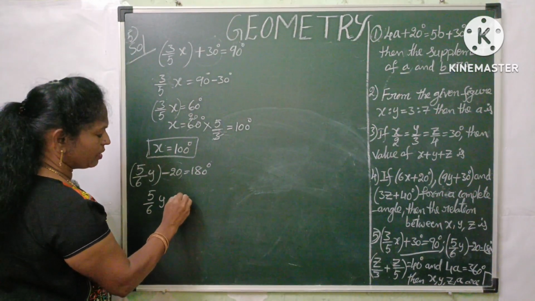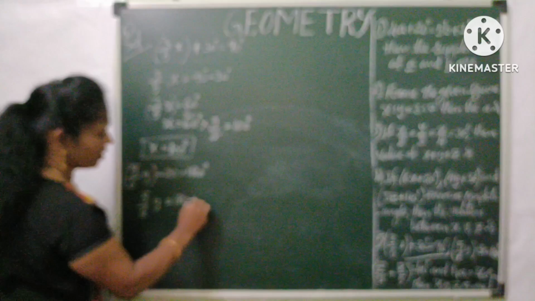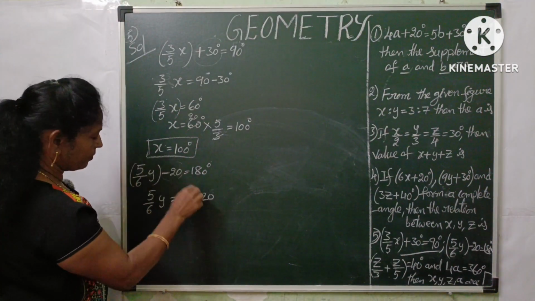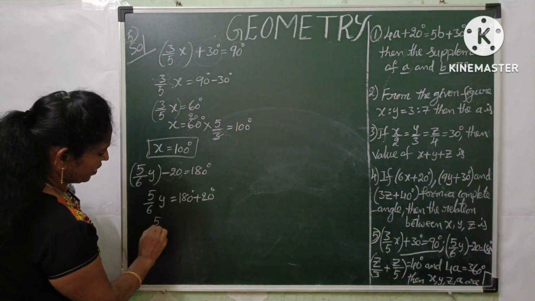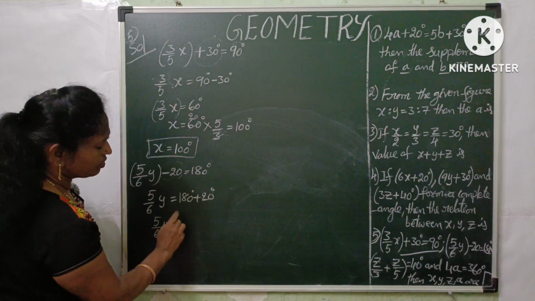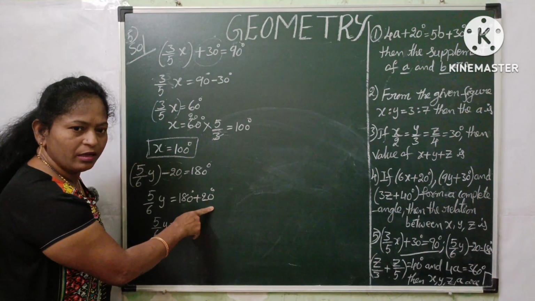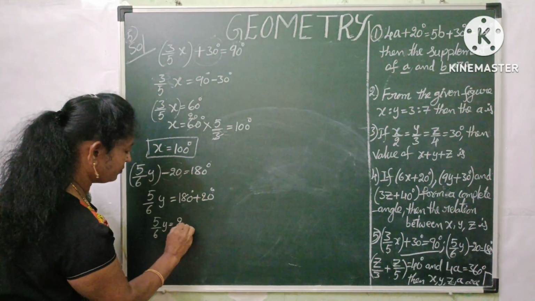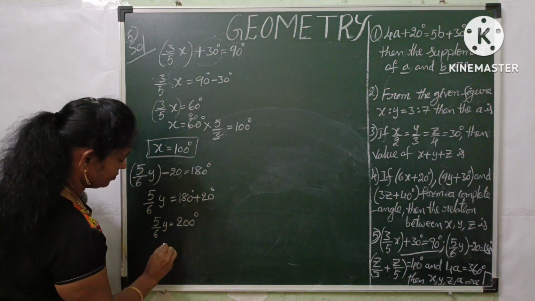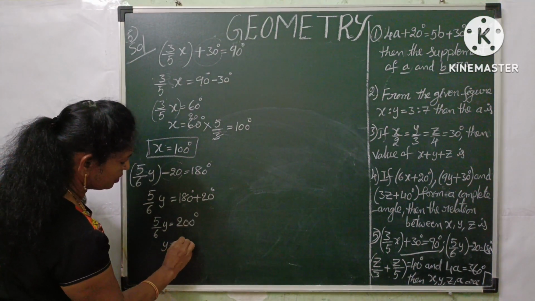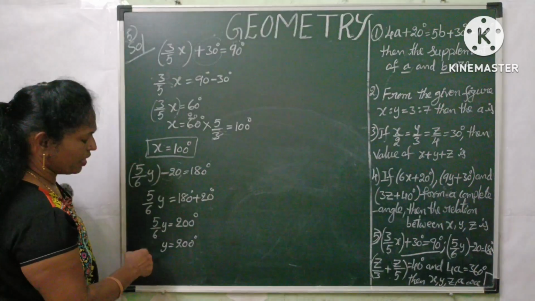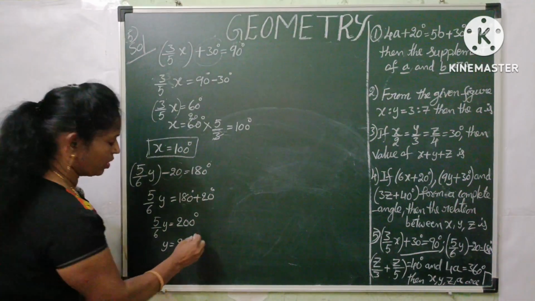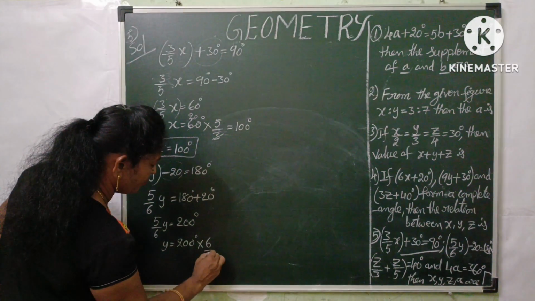So 5 by 6 y equal to 180 plus 20, 200. Now by transposing, 200 degrees, 5 by 6 transposing, its reciprocal is 6 by 5.